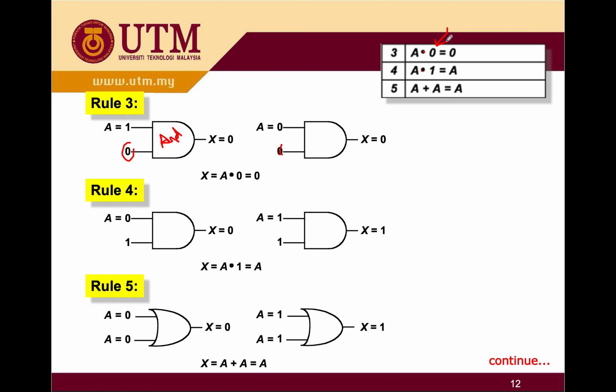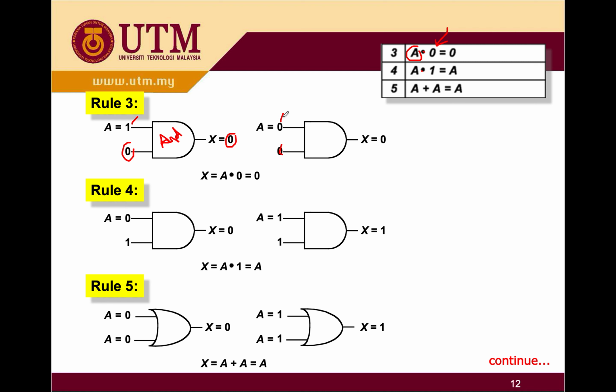And as mentioned also, A can be B, C, D, X, Y, Z, any variables, but all the variables have only 2 possibilities, whether it is 0 or 1. So over here you have 1 example, and whenever you multiply with 0, you will also get 0 as your output.